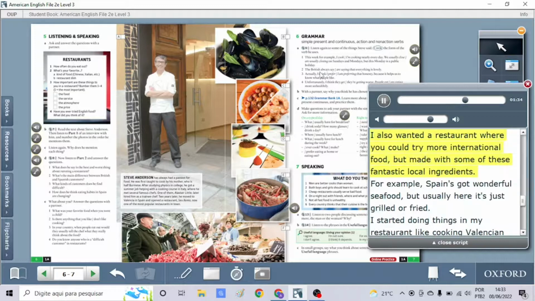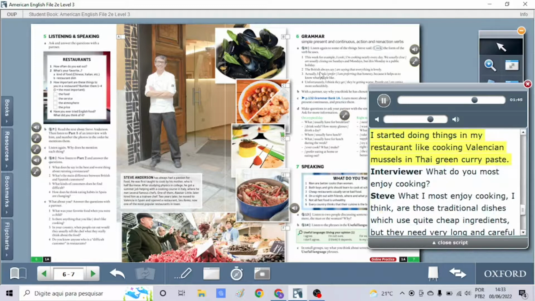I also wanted a restaurant where you could try more international food, but made with some of these fantastic local ingredients. For example, Spain's got wonderful seafood, but usually here it's just grilled or fried. I started doing things in my restaurant, like cooking Valencian mussels in Thai green curry paste.